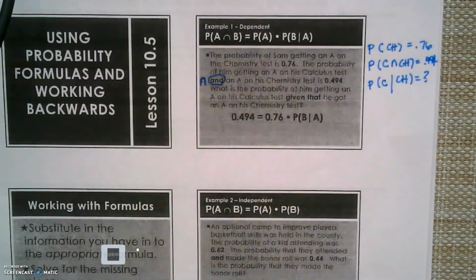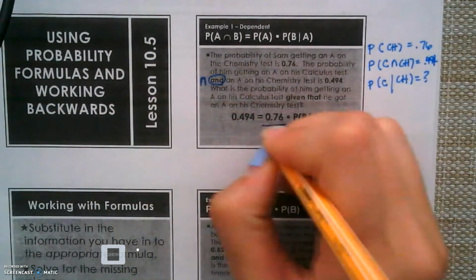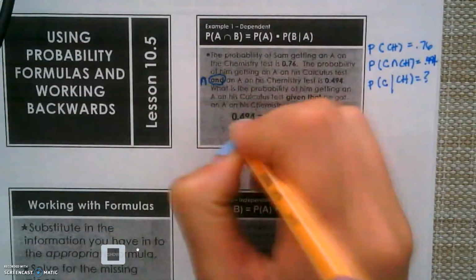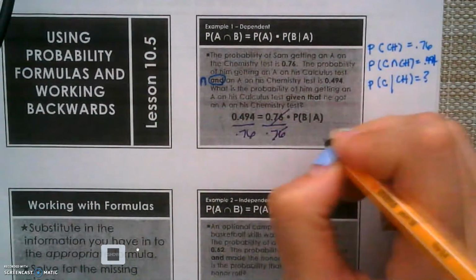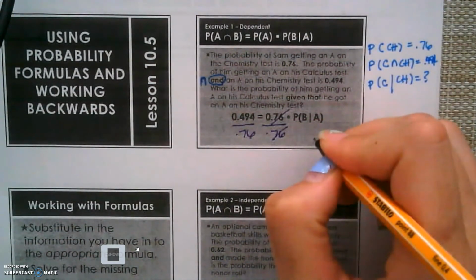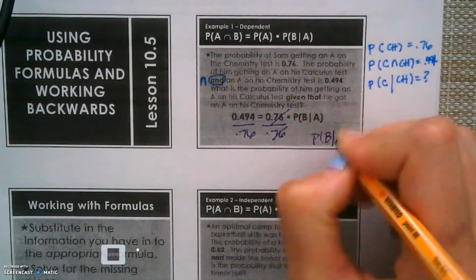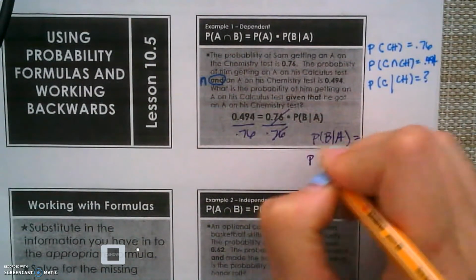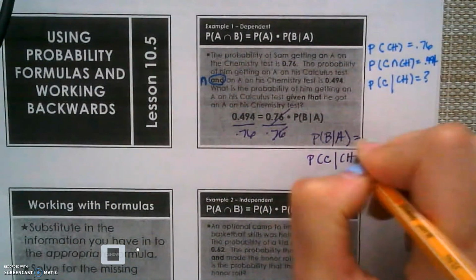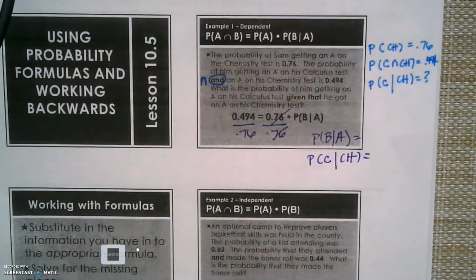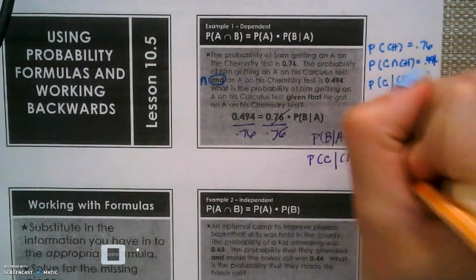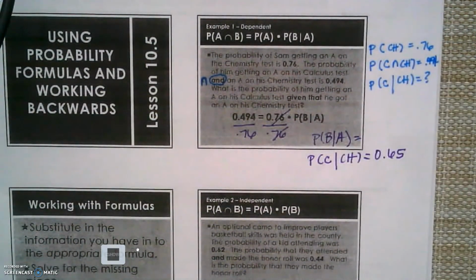We're going to divide both sides by 0.76. So the probability of calculus given chemistry, we use our calculator, 0.494 divided by 0.76, and we get 0.65. So there's a 65% chance.